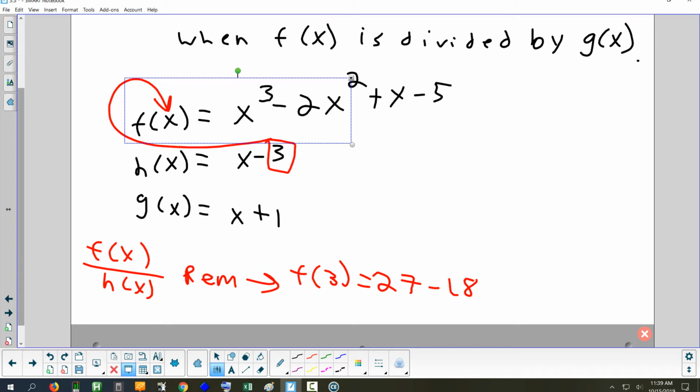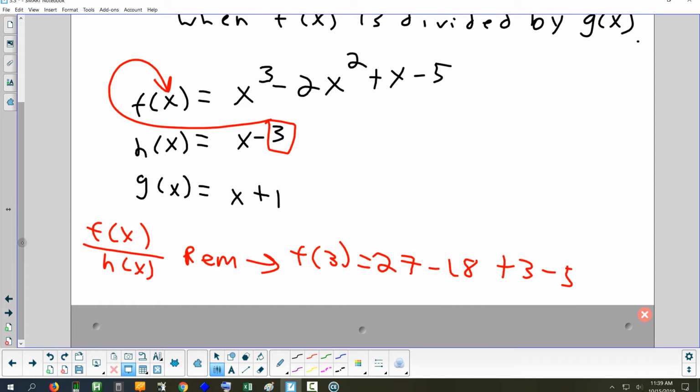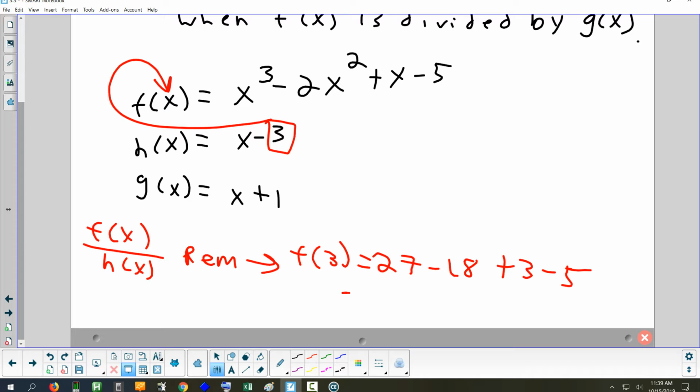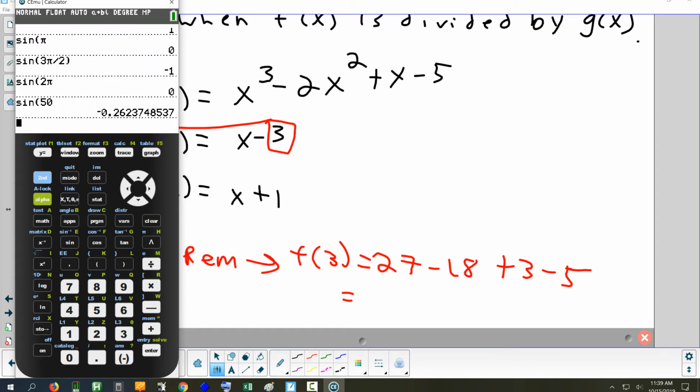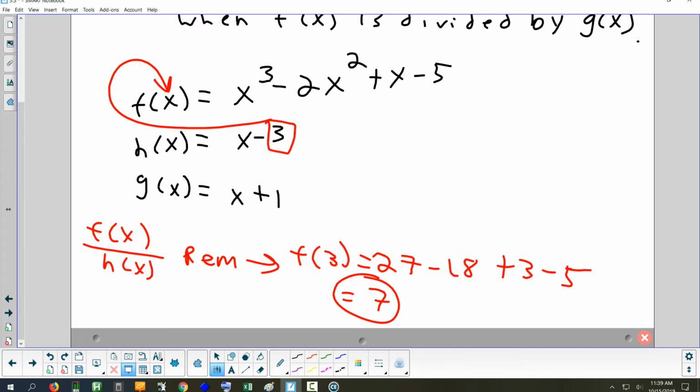So we're subtracting 18. Plus 3 minus 5. Okay, so let's see what we get. Let's just type it all in. So you got 27 minus 18 plus 3 minus 5. Calculator will handle PEMDAS because it knows how to do that. And I get a remainder of 7.